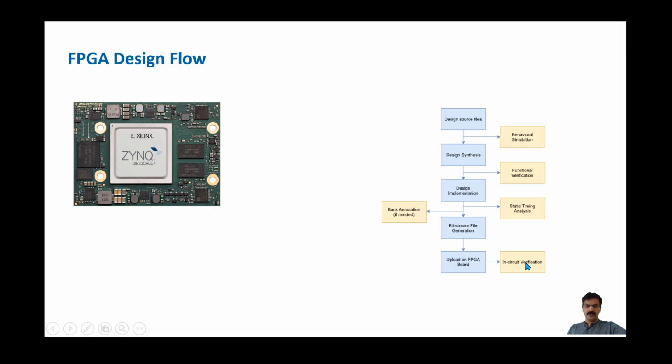Either you give physical inputs like switches and LEDs as outputs, or you can use tools like ChipScope, virtual input, virtual output. They are all hardware IP cores which can be plugged into our design and can be seen from a remote place. So we will see all those things.